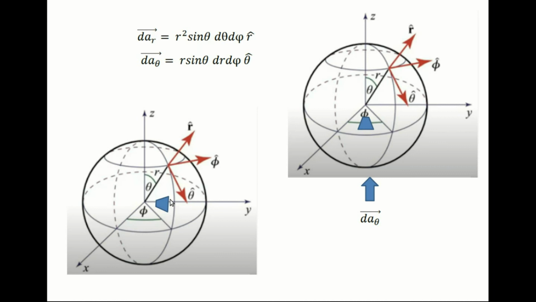Along this line r will change and along this line theta will change. So this is dlr and this is dl theta. The direction of it will be perpendicular to this patch, that is phi cap. So this area element can be written as dA phi, which can be written as dr into dl theta, which is dr into r d theta phi cap.